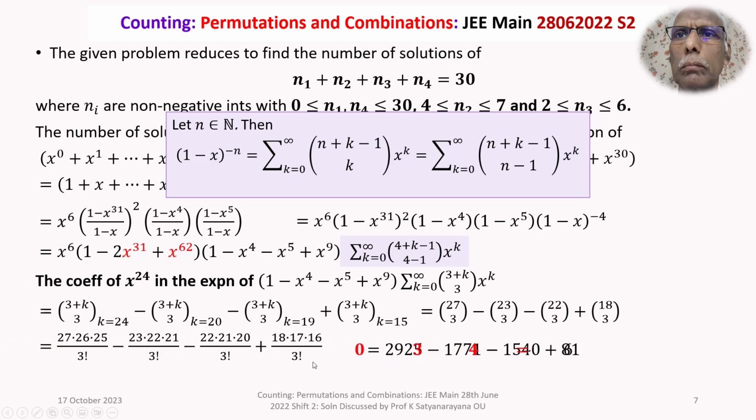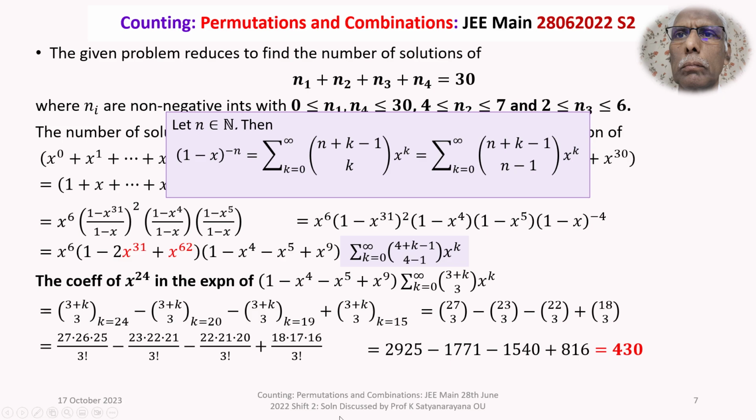So simplify. The first one is 2925. The second one is minus 1771, minus the third one, 1540, plus the fourth one, 816, and when simplified you will get 430. So that is the answer for this question.